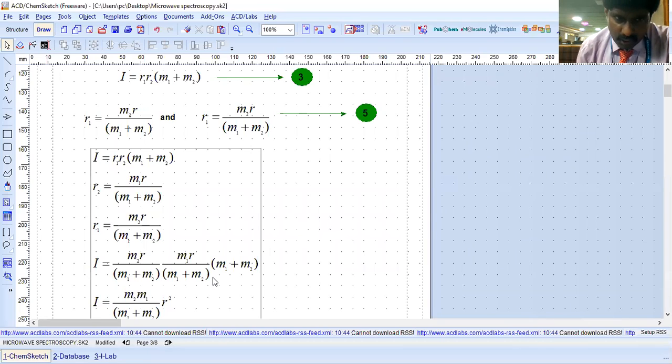Now this M1 plus M2 cancels, and we get M1 M2 R square divided by (M1 plus M2).